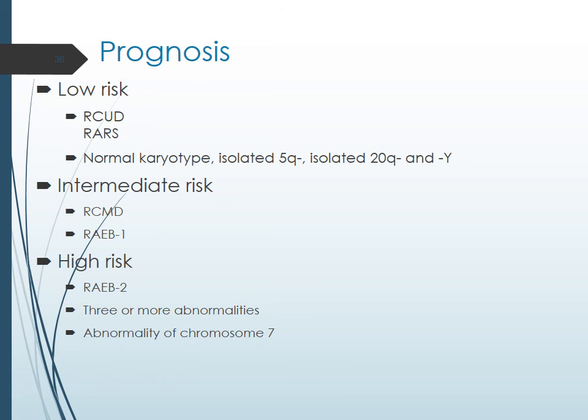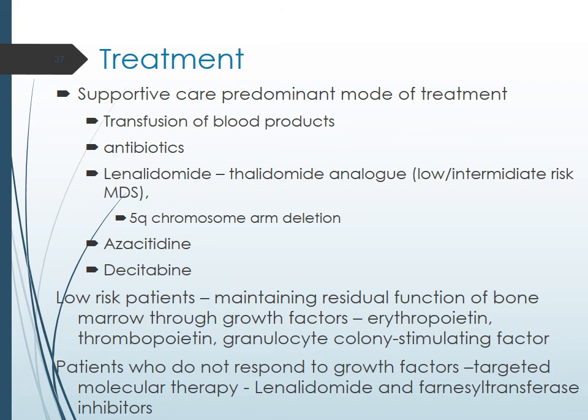So 3 criteria, important to remember. The 3 criteria are percentage of bone marrow blasts, cytopenias, and cytogenetic features, and these produce what we call the International Prognostic Scoring System. Then we have the treatment regimen that's been used for patients, and supportive care for the patients.